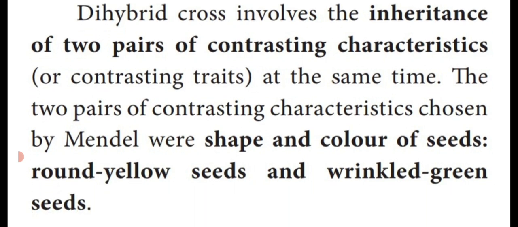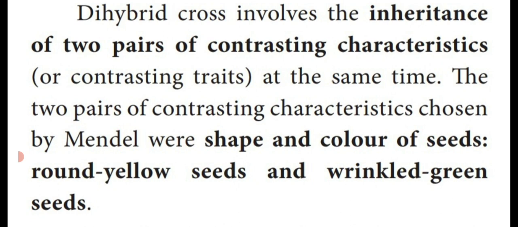For this hybridization process, Mendel chose two characters of a pea plant. One is the shape of the seed, another is the color of the seed. These are the two contrasting characters, shape and color of the seed. First one, round yellow. The seed shape is round, the color is yellow, which is the dominant seed.